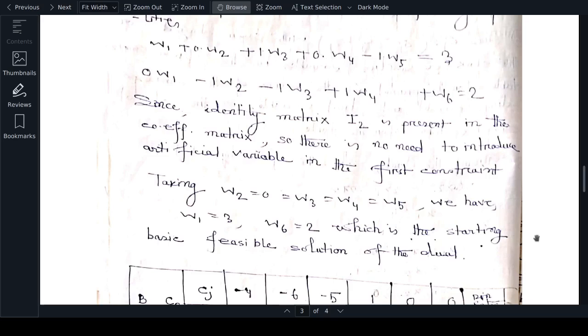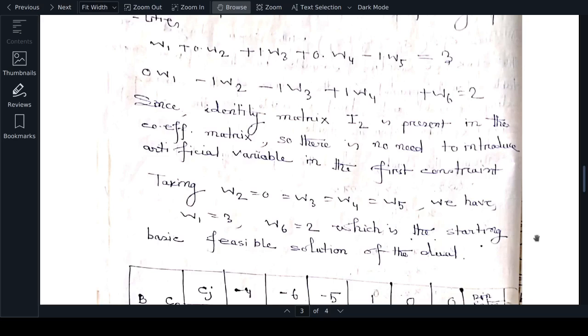So in the earlier problem also you will see, when we use slack variables, suppose three constraints are given, all less than or equal to. Then we use S1, S2, S3: first constraint S1, second constraint S2, third constraint S3.